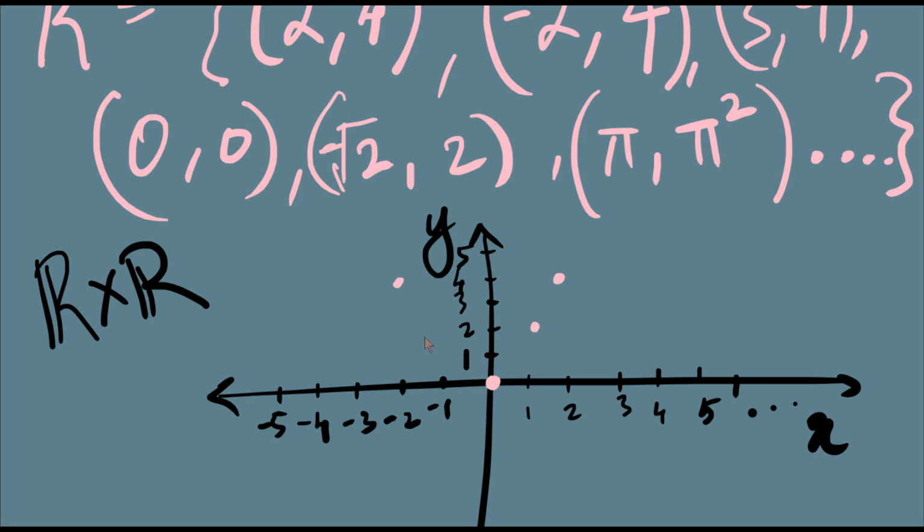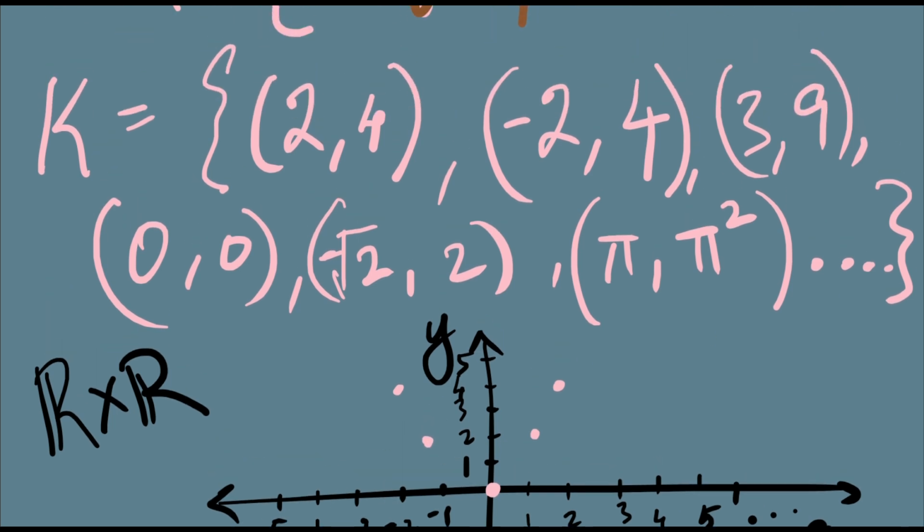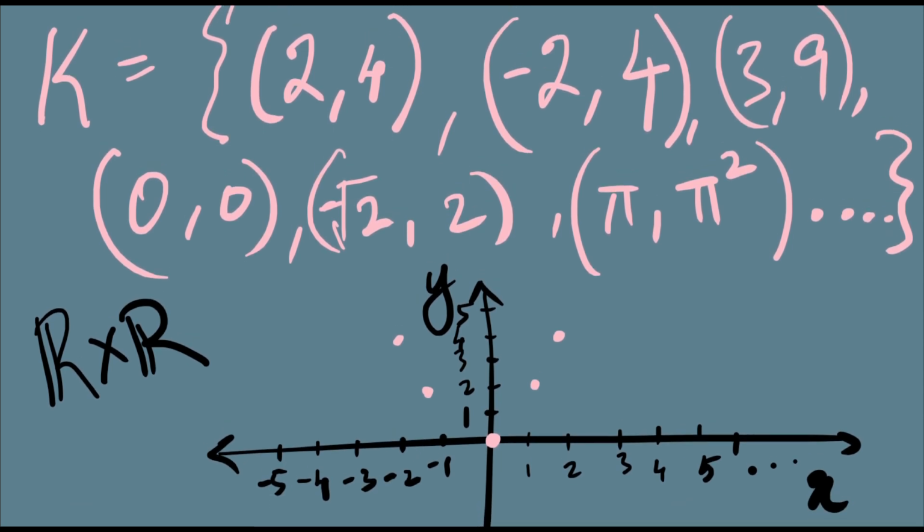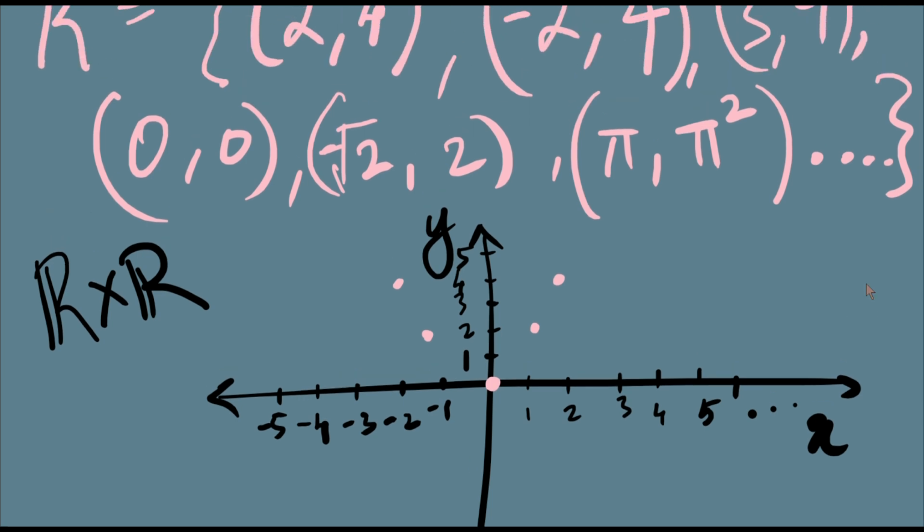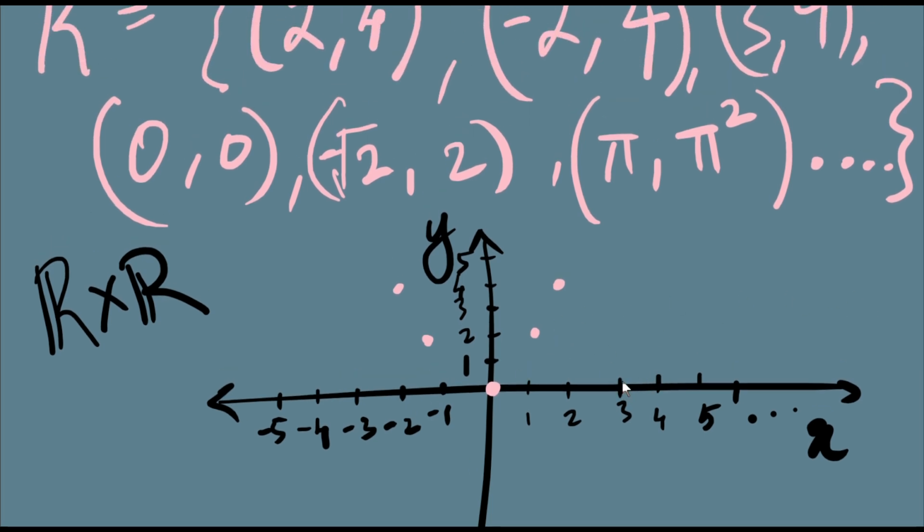So minus root 2 would be somewhere here. The other values are 3 comma 9 and pi comma pi squared. Obviously you can plot pi comma pi squared, but I'm not going to do that. 3 comma 9 would be somewhere out here. You can see that minus 3 comma 9 would also be somewhere here.